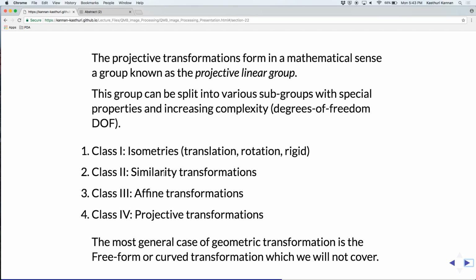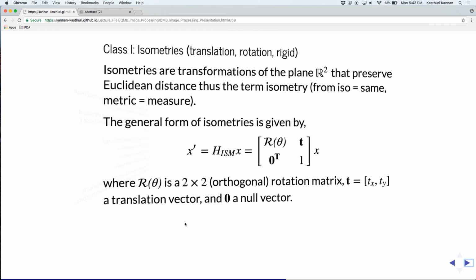Then you have similarity transformations, which can change the distance, but the scale should be uniform. There are also affine transformations, which are linear transformations, and projective transformations. The most general case of a geometric transformation is a free form, free curve. We will not cover that, but there is good mathematics behind free forms.